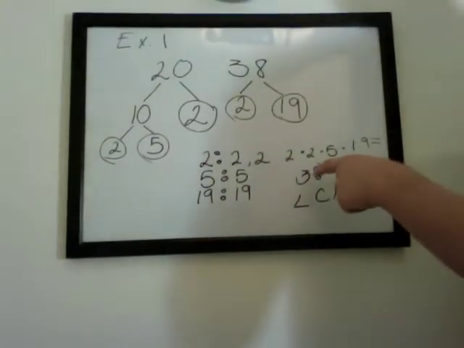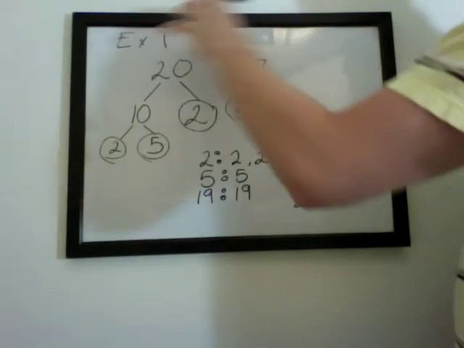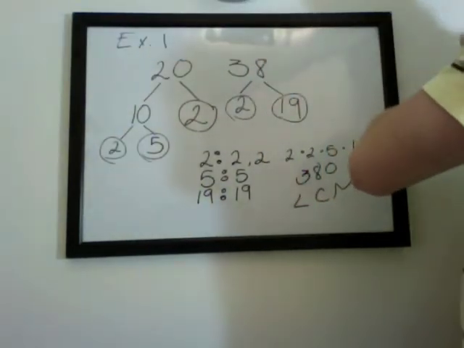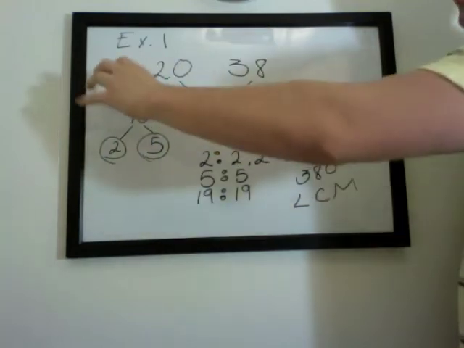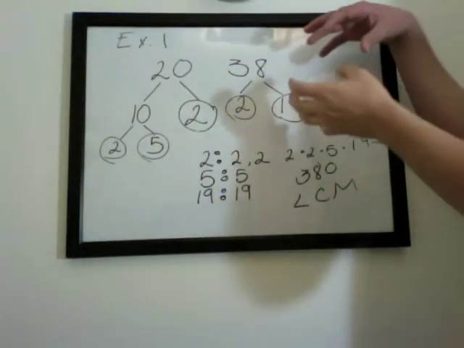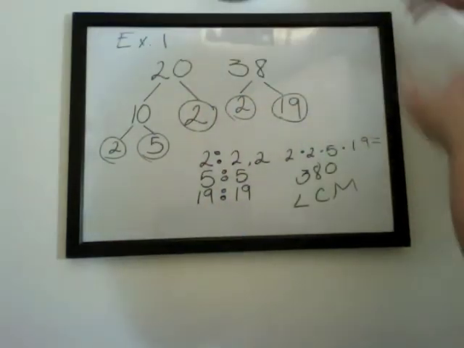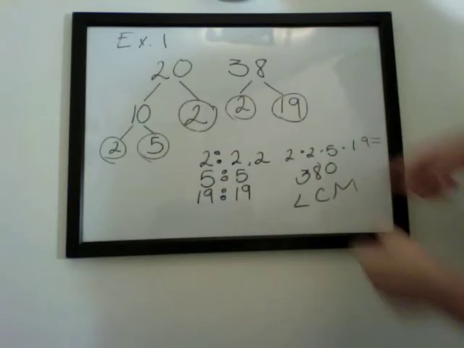Okay, so don't forget, when you take multiples of 20 and you make a list of those, all the way up to whatever number you want to stop at, and you take the multiples of 38, make a list of all those, you'll see that those two lists will have certain numbers in common. And the lowest number that they have in common is 380.